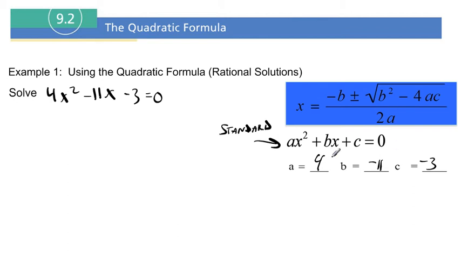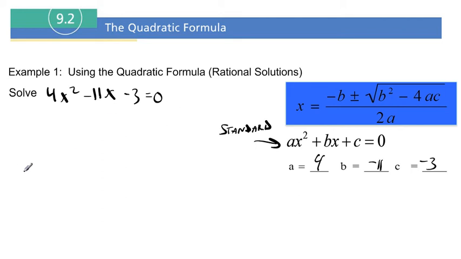Okay, now the way that I like to set it up is I'm going to rewrite the quadratic formula. However, I'm going to put parentheses anywhere I see the a, b, or c. I think it really helps a lot when we plug in the numbers, and sometimes we have double negatives. It helps not to make errors with the signs.